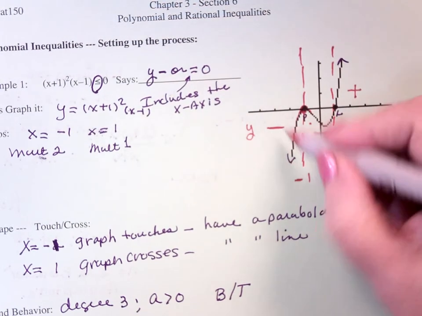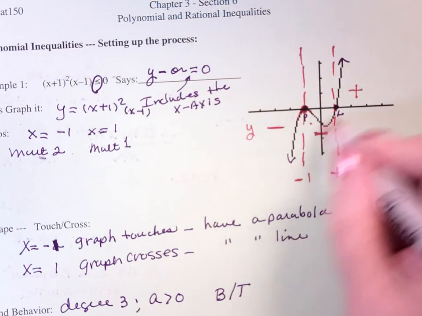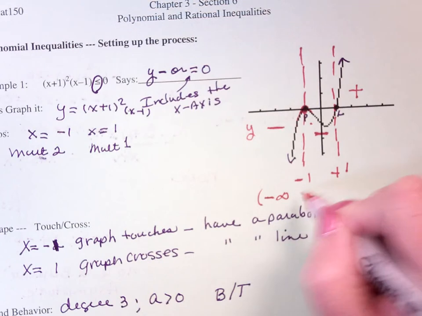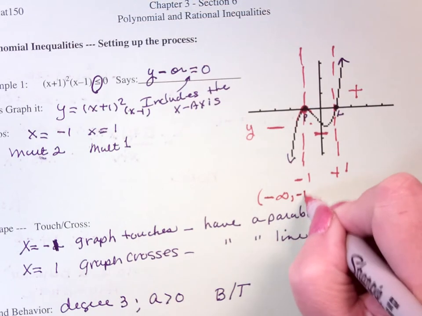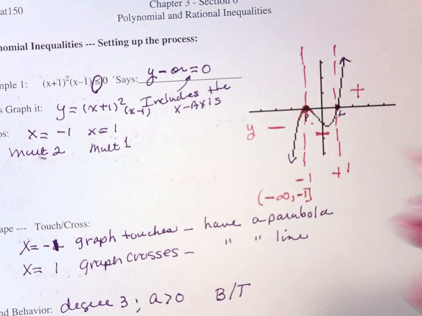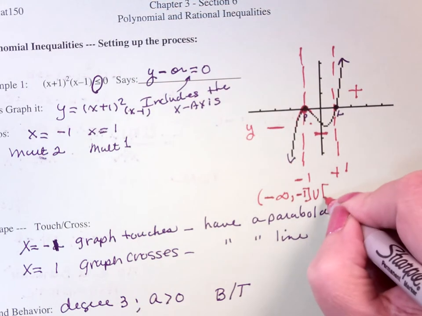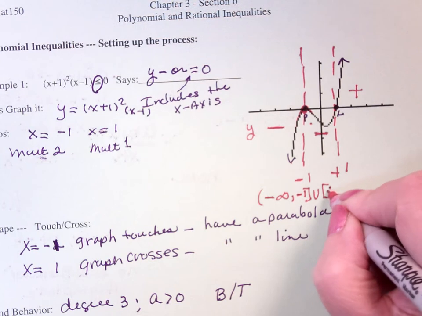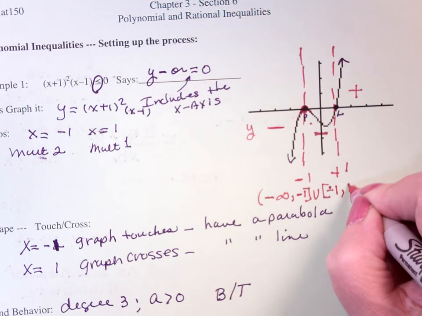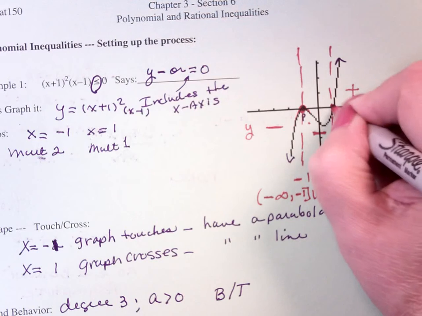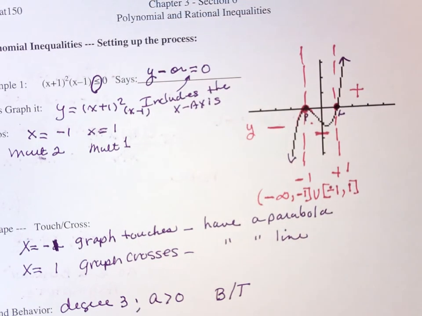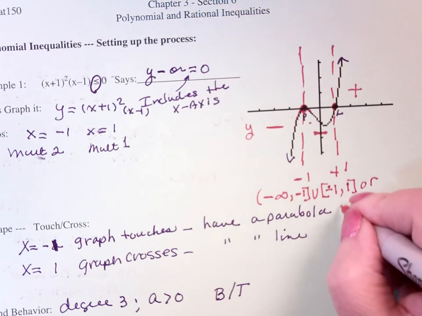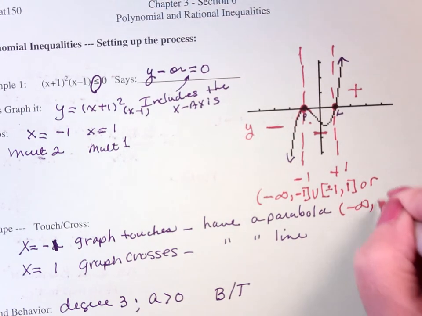So my answer is y is negative from minus infinity to negative 1, union negative 1 to 1, included since it includes the x-intercepts, or we would normally write it negative infinity to positive 1.